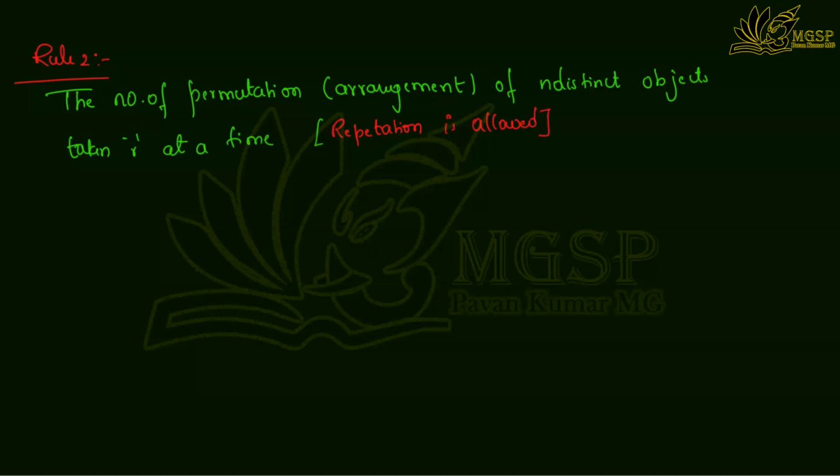What is the number of ways? That is nPr is equal to n factorial divided by (n minus r) factorial, as I stated in the previous case.